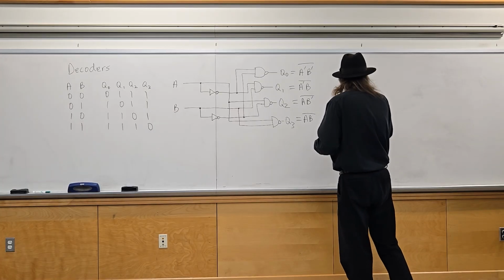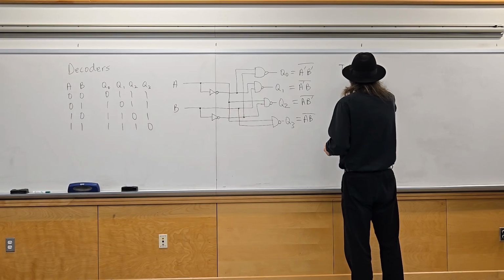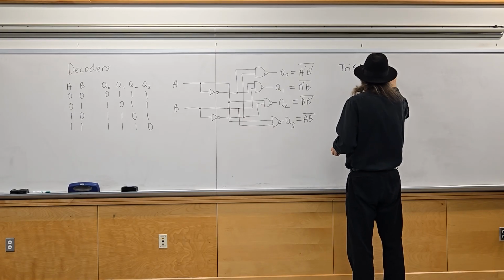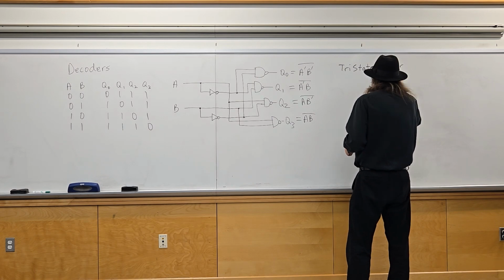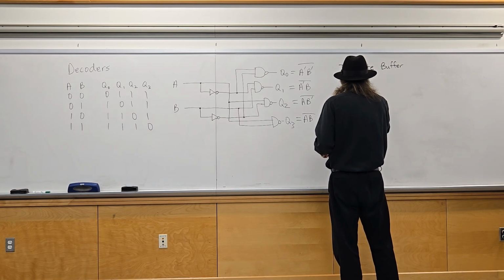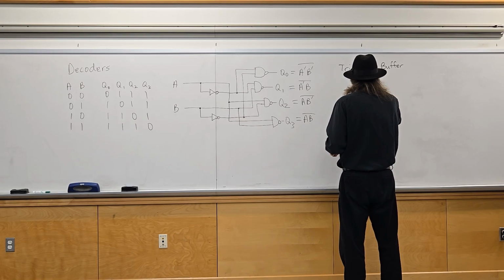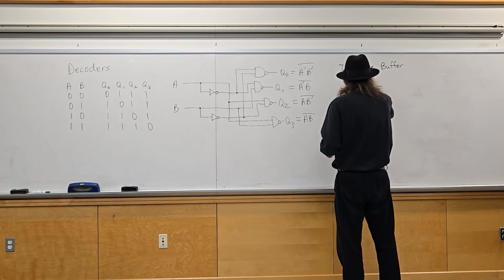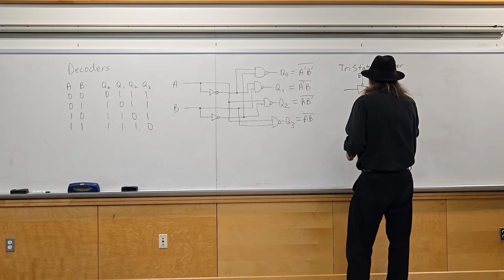For example, the tri-state buffer. It is a non-inverting buffer, but it has an enable input.